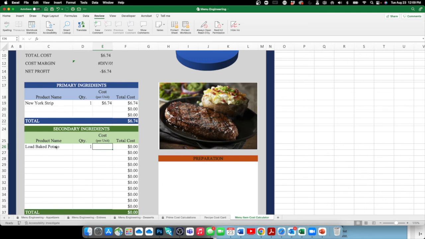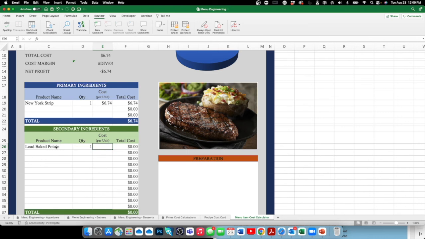I want to have a separate costing sheet for every item on my menu, not just the plates, but the individual items. If I've got a salad, I want a costing sheet for that. If I've got a cheesecake, I want a costing sheet for that. I want a costing sheet for everything. This is going to make doing plated costings very easy.